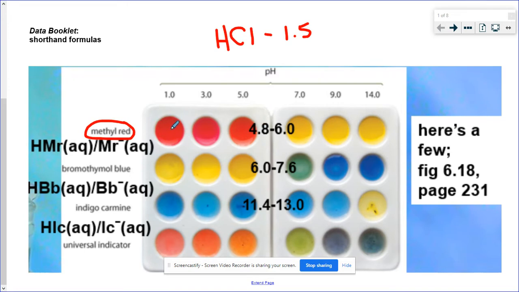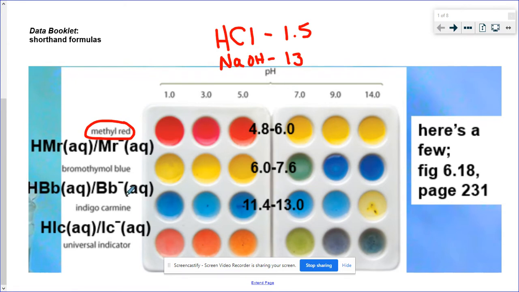Now, if I put methyl red in a solution of NaOH, which has a pH of about 13 or so, I know that methyl red is going to be yellow, because methyl red will change color to yellow at anything greater than 6.